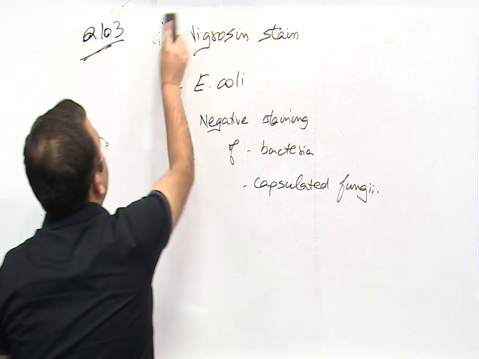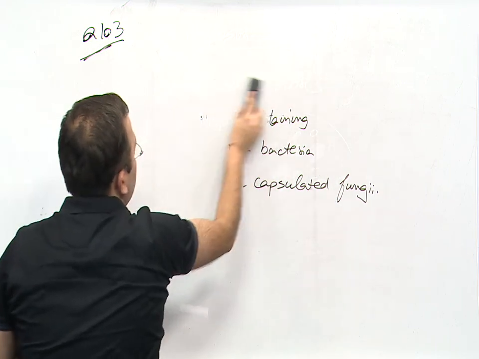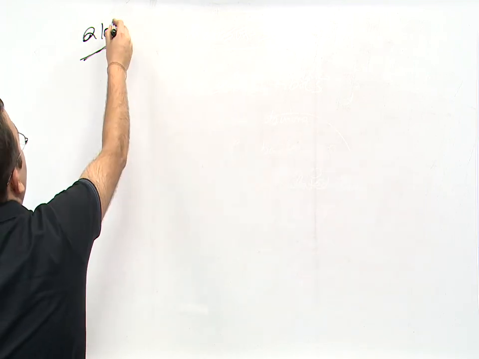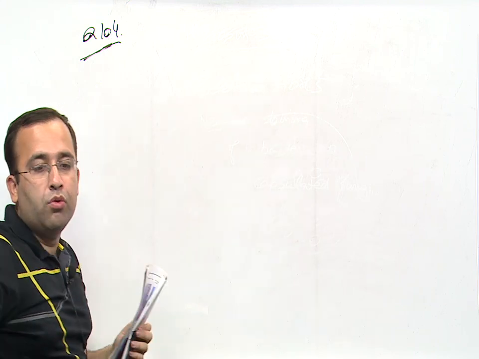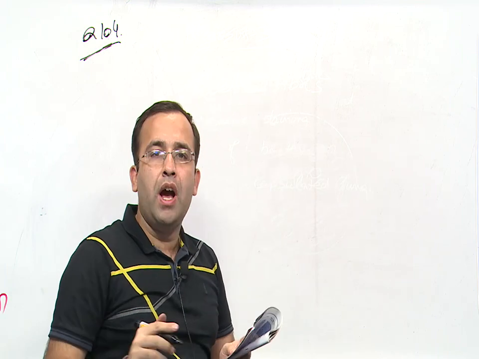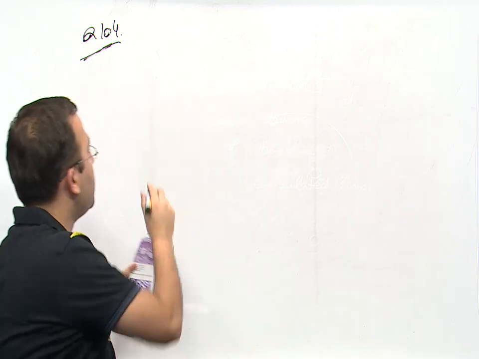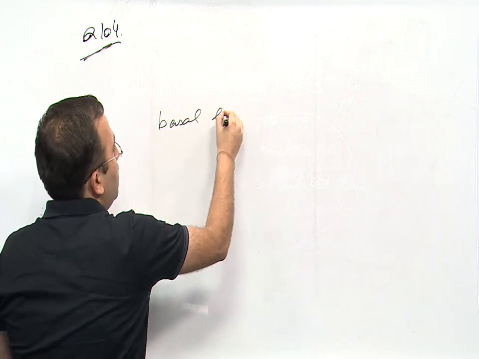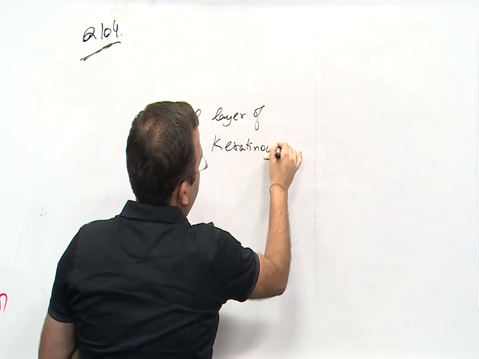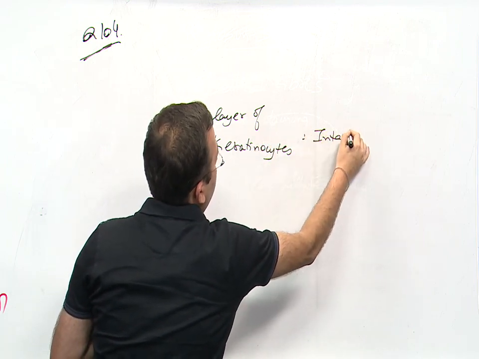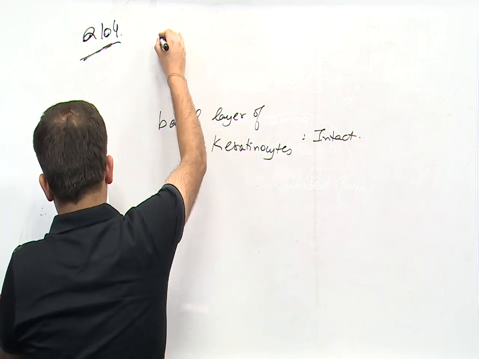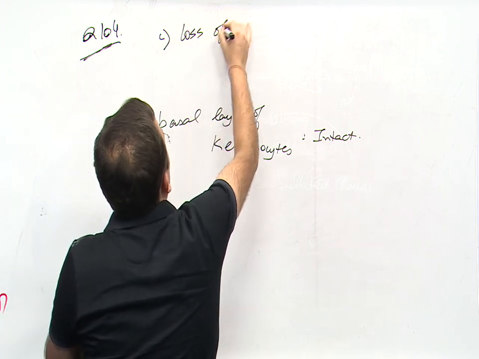Next, question 104. What it shows you, the skin biopsy is there. The basal layer of keratinocytes is intact, whereas there is loss of intercellular connections in between.